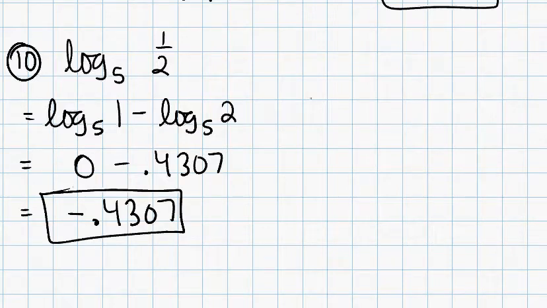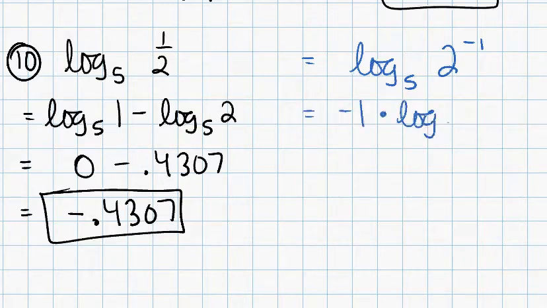If you didn't think of that, you may have rewritten this as log base 5 of 2 to the negative 1, because that's what 1/2 is. This would be the power property. So it's negative 1 times log base 5 of 2, which is also negative 0.4307. Two ways, same answer.